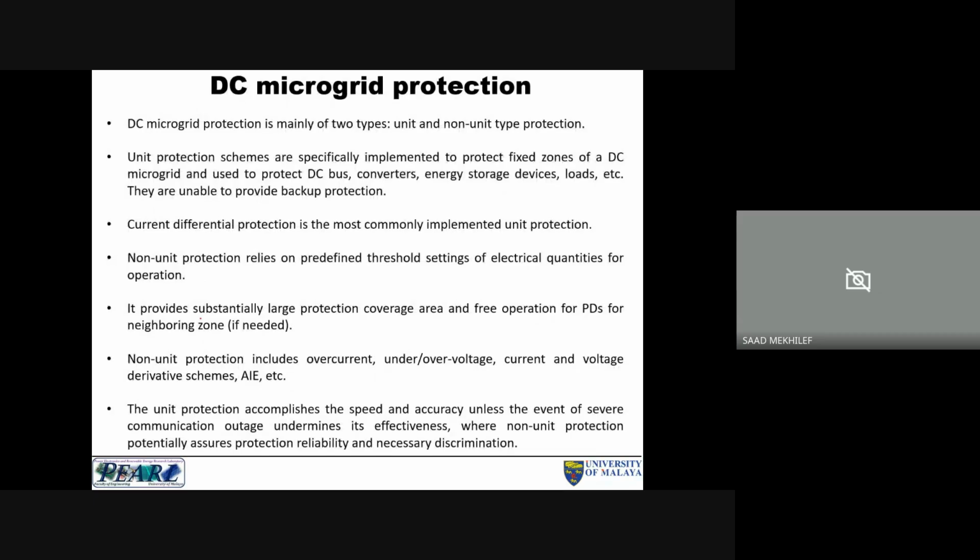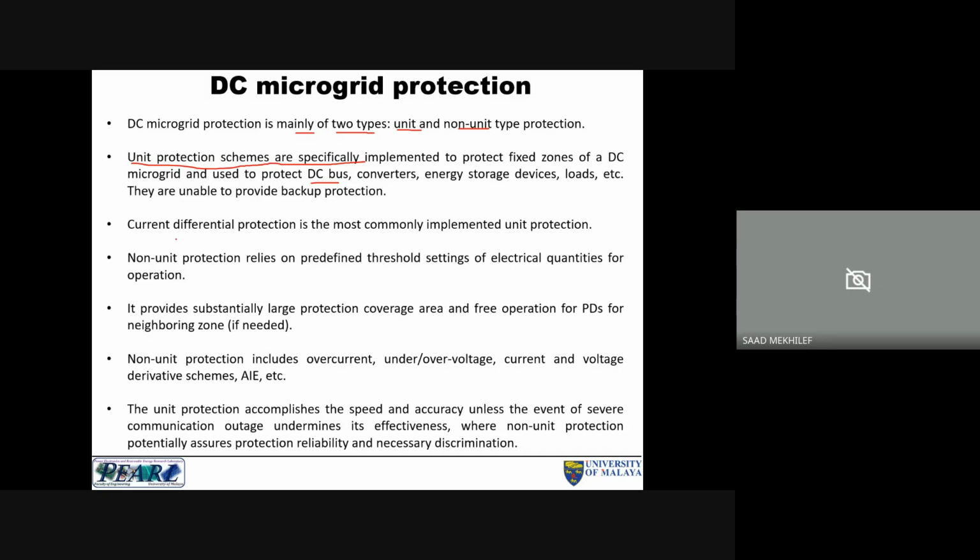So what to do to protect this? This is how to do the protections. DC protection is mainly of two types: unit and non-unit type protections. The unit protection scheme is specifically implemented to protect a fixed zone of the DC microgrid, and is used to protect the DC bus, converters, energy storage systems, devices, loads, and so on.